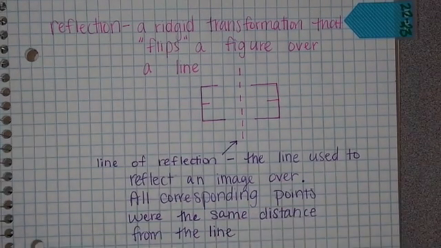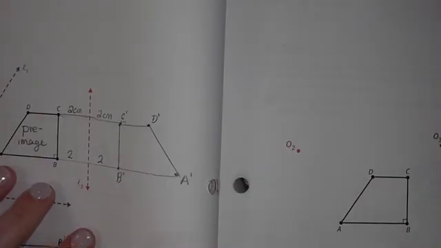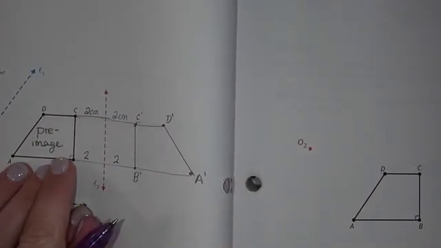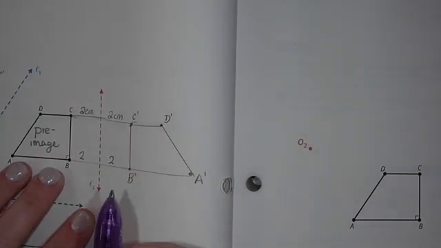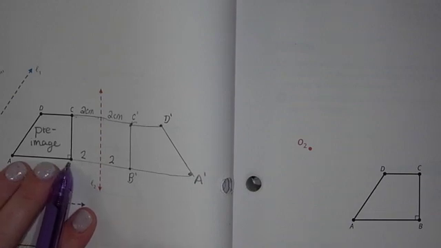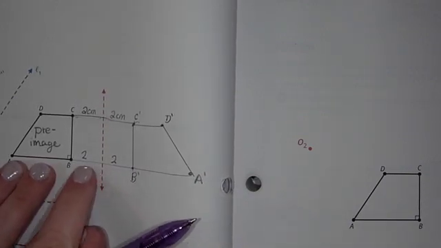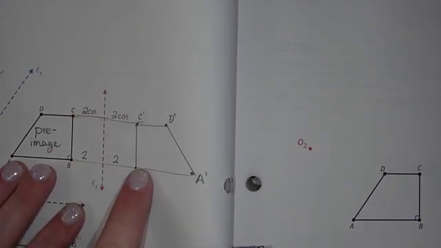So what I mean by that is when you look at page 28, and I'm having to flip back to it, B corresponds to B prime. It's the same letter, it's the same location. Sometimes they'll change the letters, but the B and the B line up, they're corresponding. They're 2 centimeters away from the line of reflection, so they're 2 centimeters away. Both of them are the same distance.